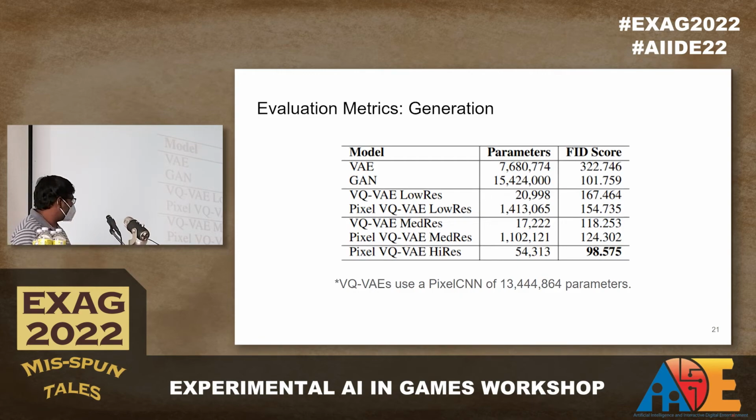If you see over here, the high-res model does have the best value, and the GAN is a little worse than it. But another thing to note is the parameters. Our high-res model is actually just 50,000 parameters. But we do use a pixel CNN for generating images for the downstream tasks, so that has about 13.5 million parameters. But even combining these two, it's still lower than the 15.5 million that a GAN uses.